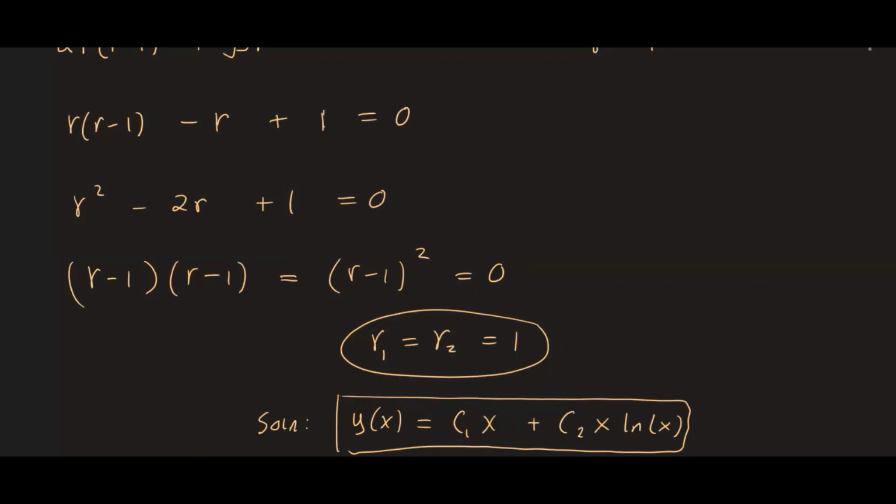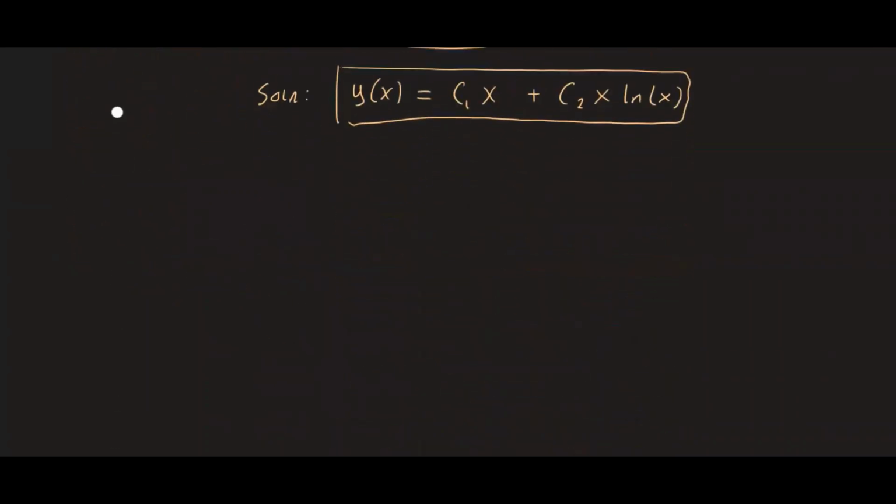So let's go ahead and do one more example so we can illustrate the third scenario we had on the solution. So let's say we want to find the solution to this example. We have x squared y double prime plus 5x y prime plus 9y equals 0. And then identify alpha and beta and gamma.